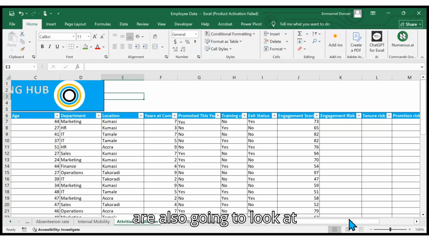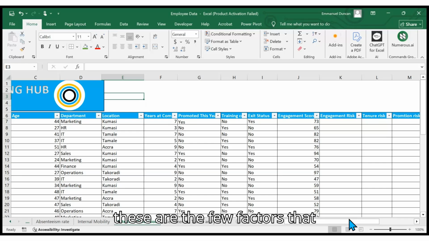Then we are also going to look at their engagement score. And according to industry benchmark, employees that score less than 60% also tend to leave the organization.